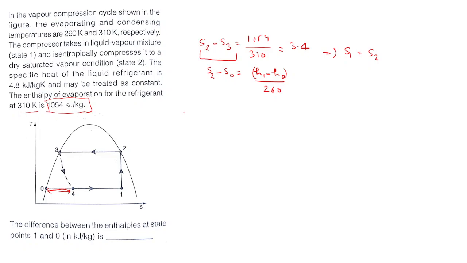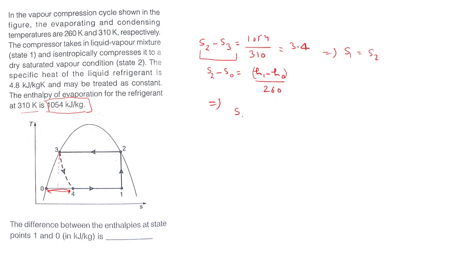So now we know from here to here. In liquid we generally don't consider any change with pressure. So whatever entropy will change will be due to temperature only. Correct? Yes sir. Because here it is the third point, and this is the 0 point.